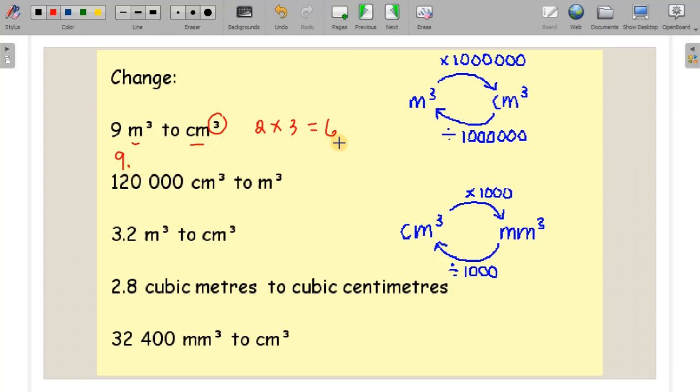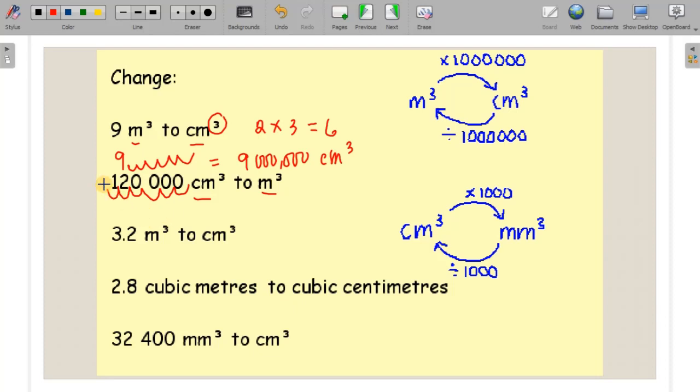Now we are going to move 6 times. Move 1, 2, 3, 4, 5, 6. It's the same as multiplying by 1 million. So the final answer will be 9 million centimeter cube. Now this is the opposite, centimeter to meter. Going to the left, 6 steps. 1, 2, 3, 4, 5, 6.